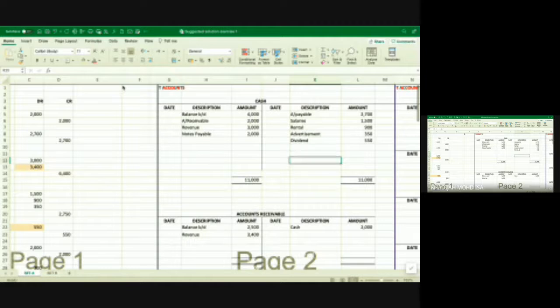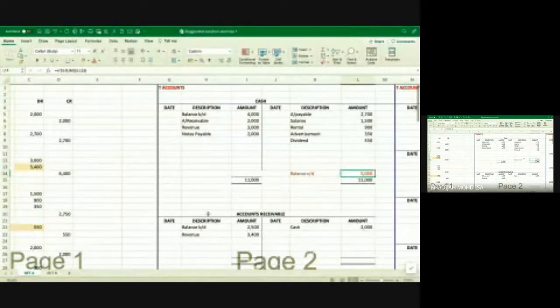Where is the balance? Right, so you have a balance of 5,000. How do you get that 5,000? Look at your 11,000 and the total on this entry is 6,000. So 11,000 minus 6,000 is how you get a balance of 5,000.